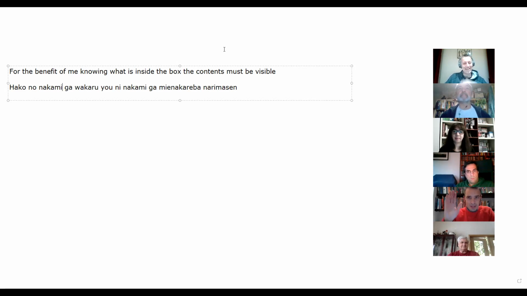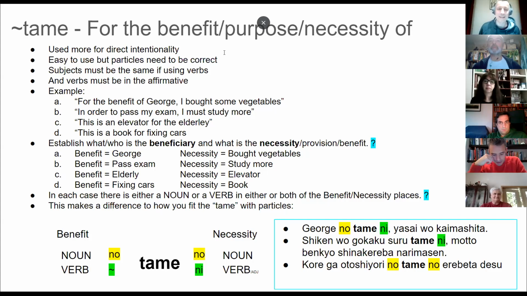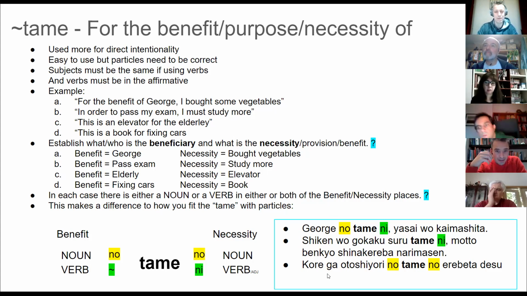Exactly. Yeah. Kim, I have one question about the last sentence we translated. Sure. Let's go back to that in a second. Okay. I was getting confused because the kore ga was placed before the toshiyori, so that in my ears it would sound like this elderly.